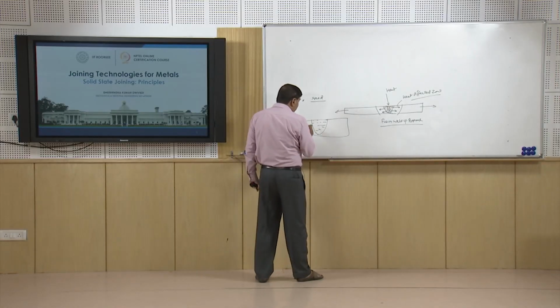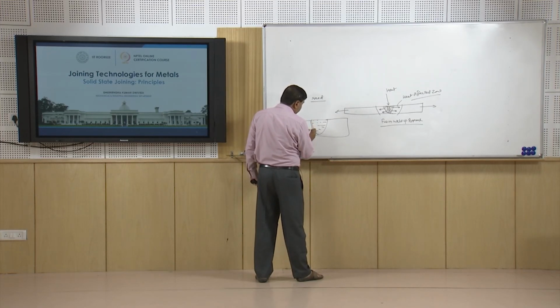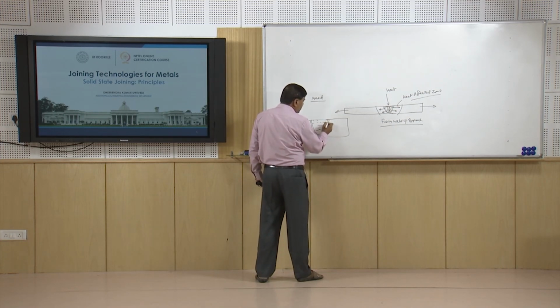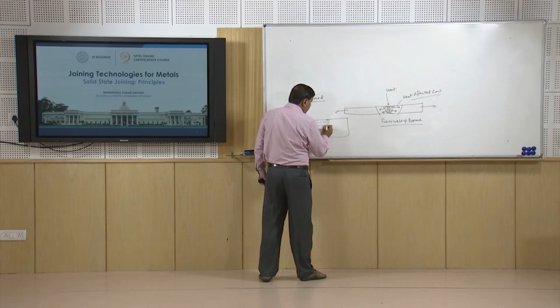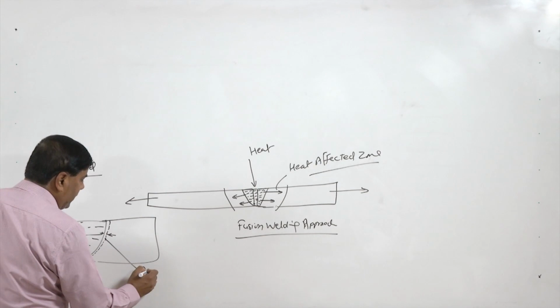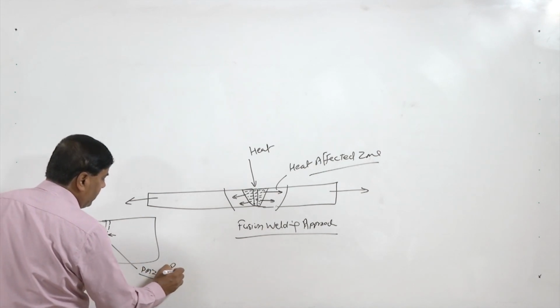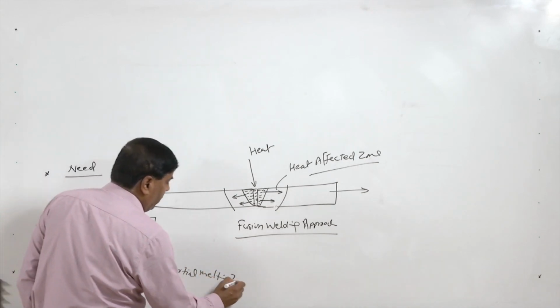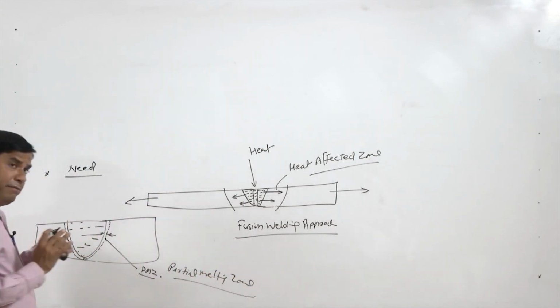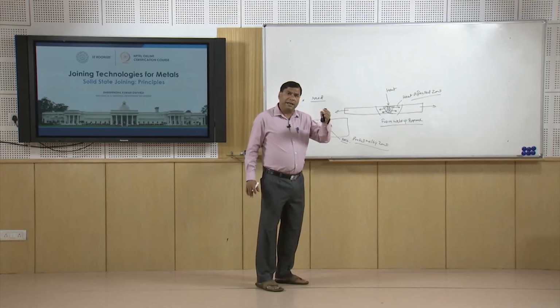One is melting of the base metal near the fusion boundary partially, and this layer is very thin, maybe 10 to 50 micron or so, depending upon the solidification temperature range of the metal being welded. So, this is called the PMZ, partial melting zone problem. This zone will have two phases, both solid as well as liquid.